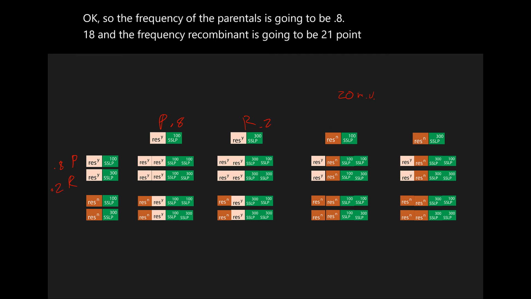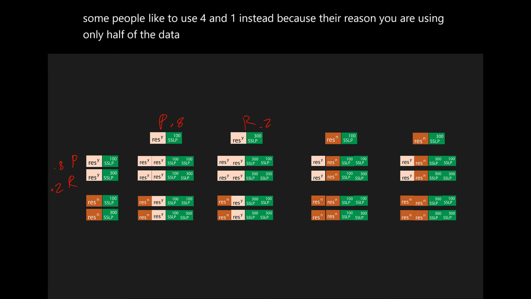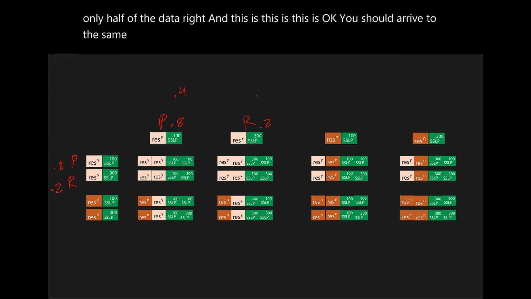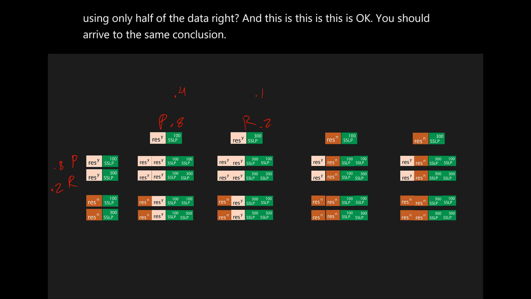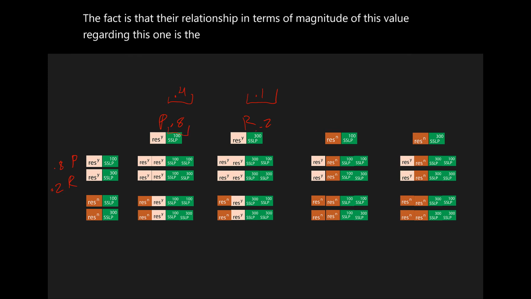Now, some people like to use 0.4 and 0.1 instead, because you are using only half of the data. This is okay. You should arrive at the same conclusion. The fact is that the relationship in terms of magnitude of this value regarding this one is the same as this one regarding this one.